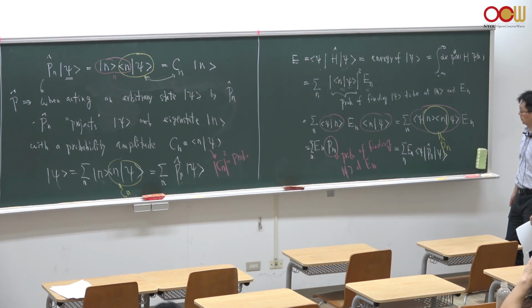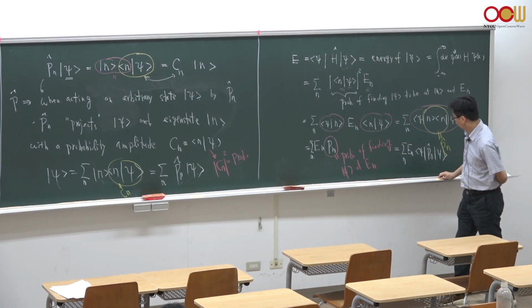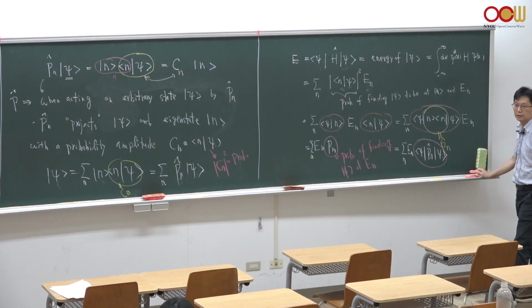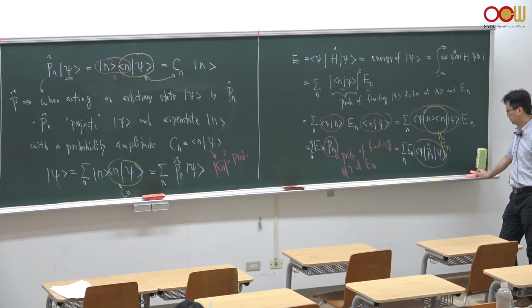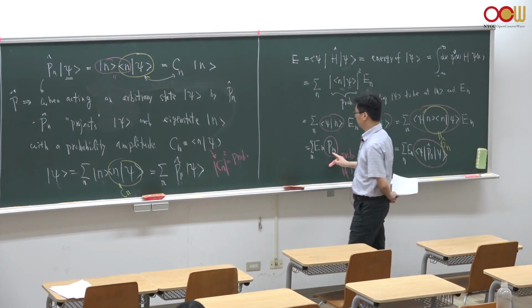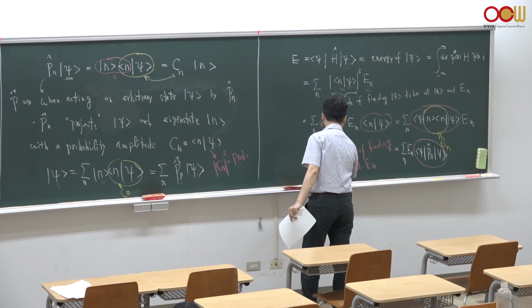You could consider this as the probability of finding the state psi at a particular eigenstate, multiplied by this eigenenergy, and you sum over all eigenstates n, and you get the expectation value of the energy of a particular quantum state psi. And this matrix element is nothing but this Pn right here, where Pn is simply Cn squared.